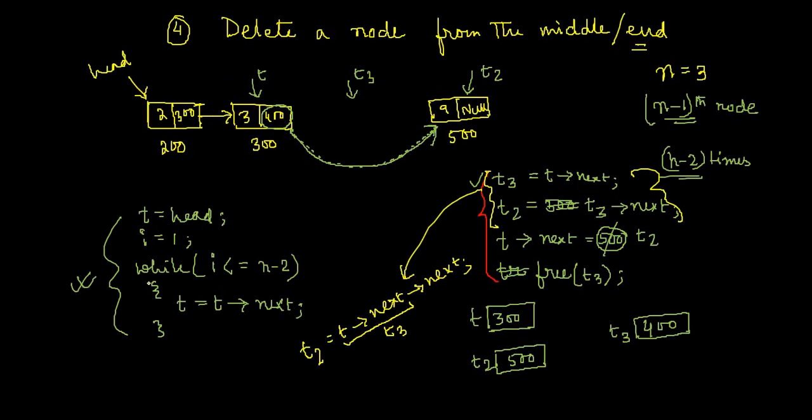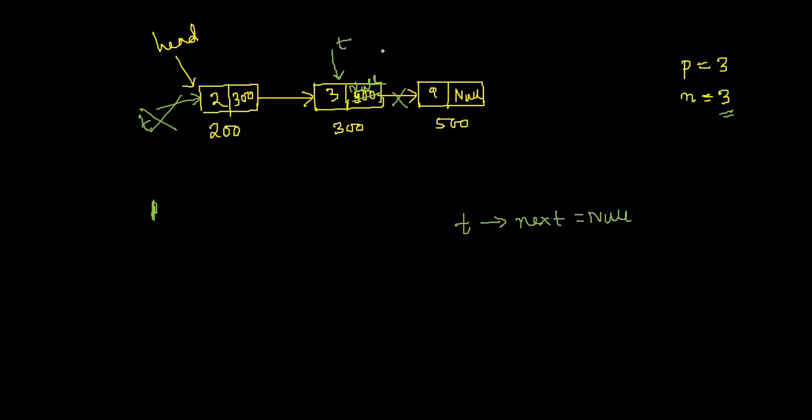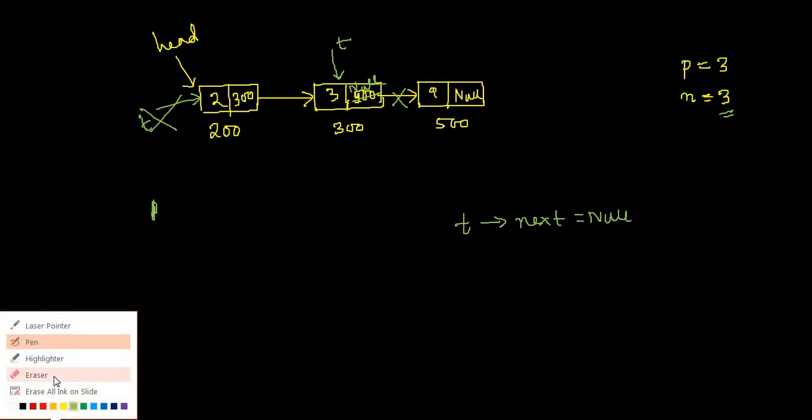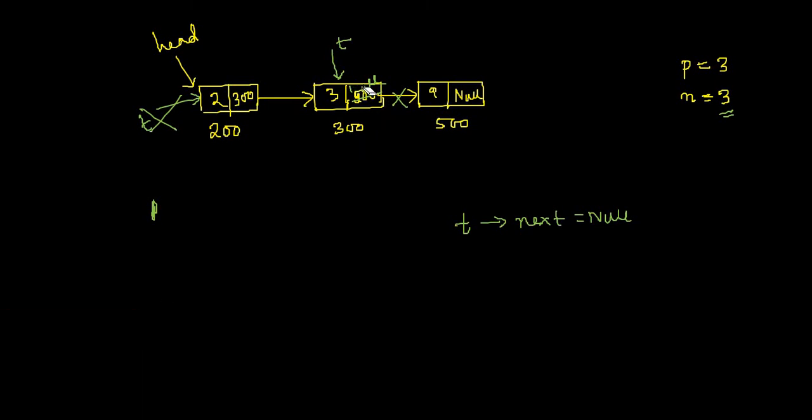So after breaking this loop, your temporary pointer t is standing somewhere over here. So forget about this null and delete part. We will see it soon. And obviously this t is no more pointing here.